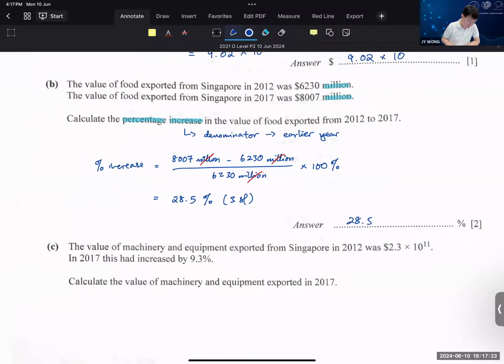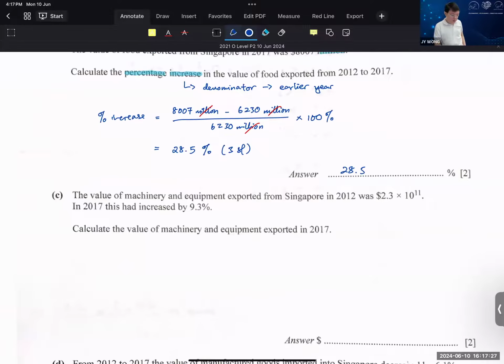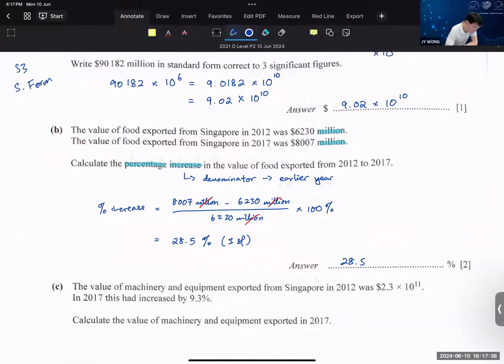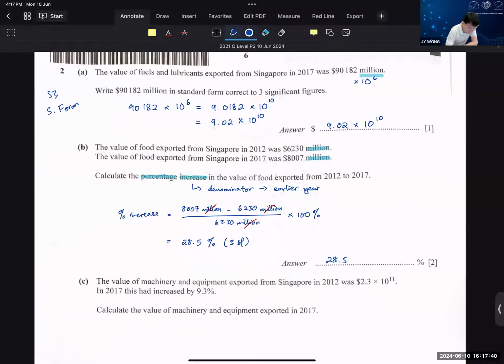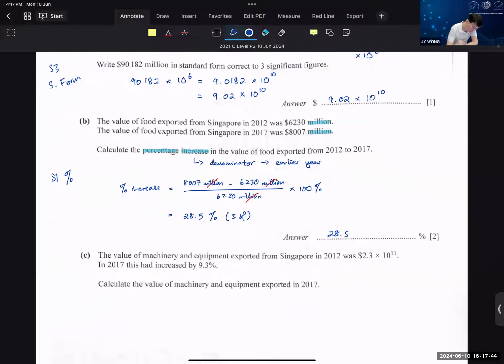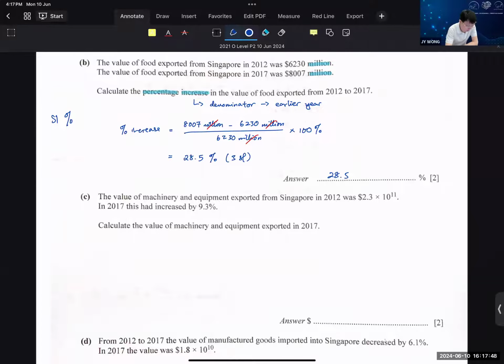Erase it. Next, the value of machinery and equipment exported from Singapore in 2012 was 2.3 times 10 to the power of 11. In 2017, this had increased by 9.3%. So you realize from standard form, they also test you what, Sec 1 percentage, or technically primary school percentage. Calculate the value of machinery and equipment exported in 2017.